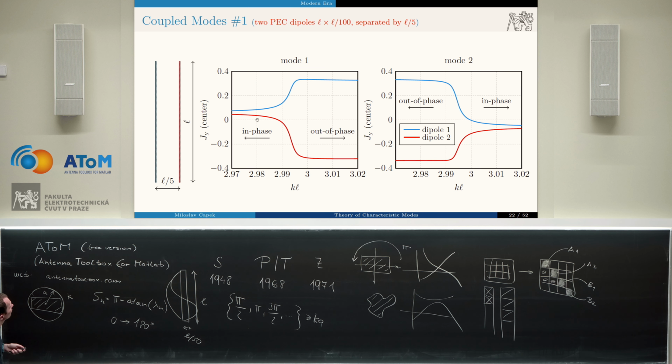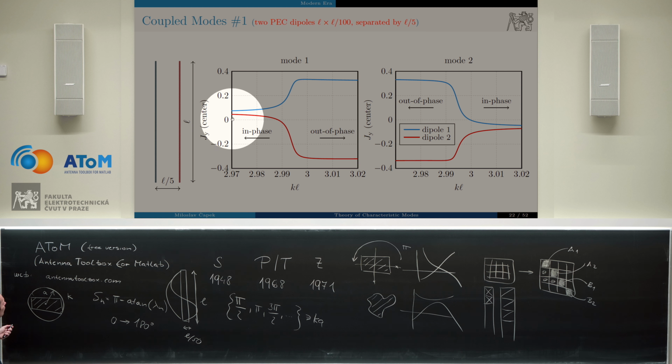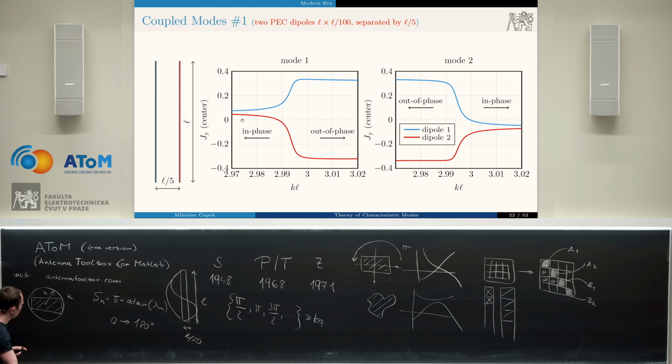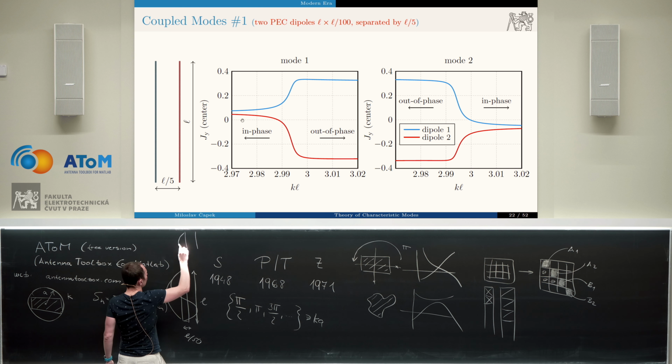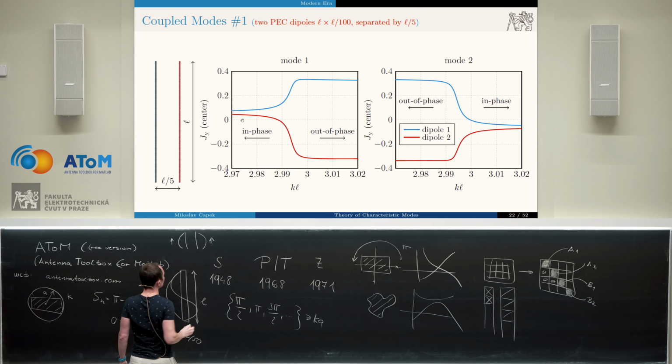And what you can see here is that actually the first mode is an in-phased mode below the crossing avoidance, meaning that the current is flowing in the same direction. So you have two dipoles, and an in-phased mode is a mode where the current density goes like this.